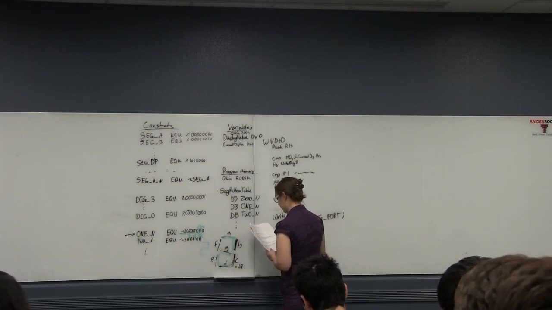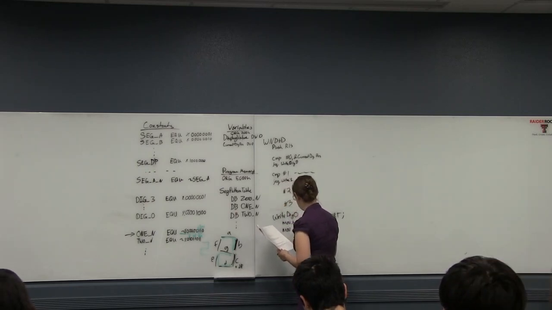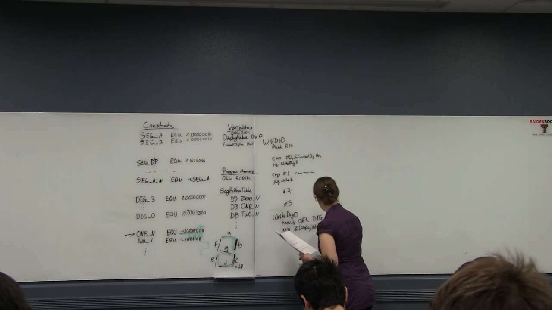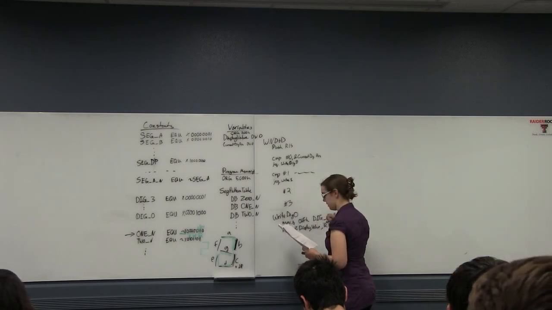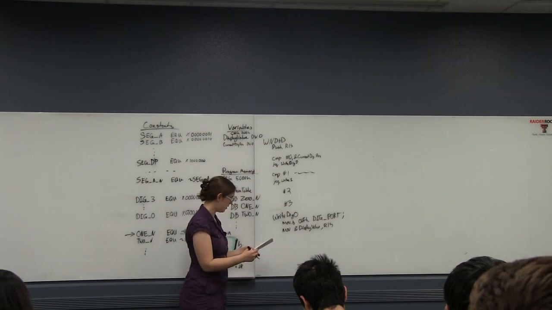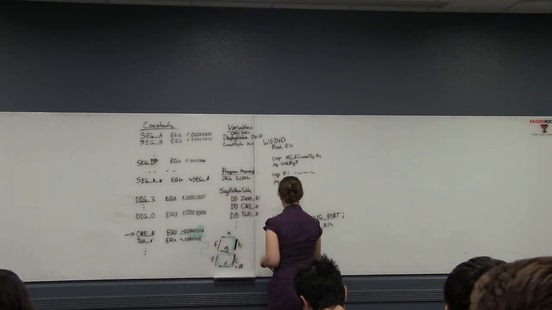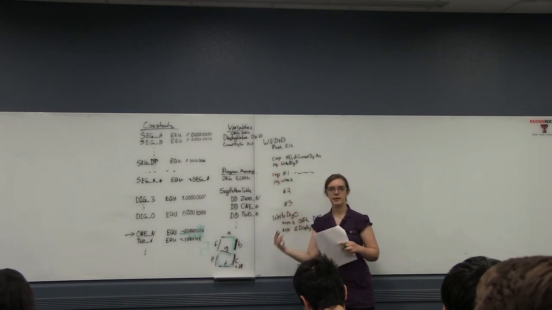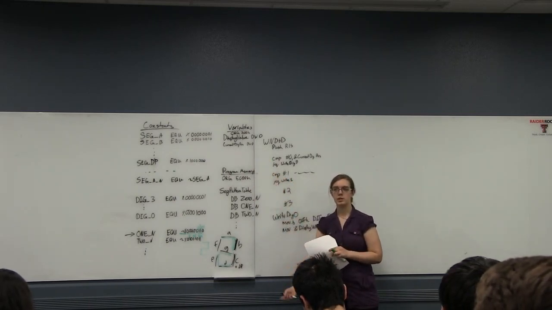Then we move display value into R15. So that means that instead of having this in memory, we instead have it in a register. Registers are much, much easier to work with.